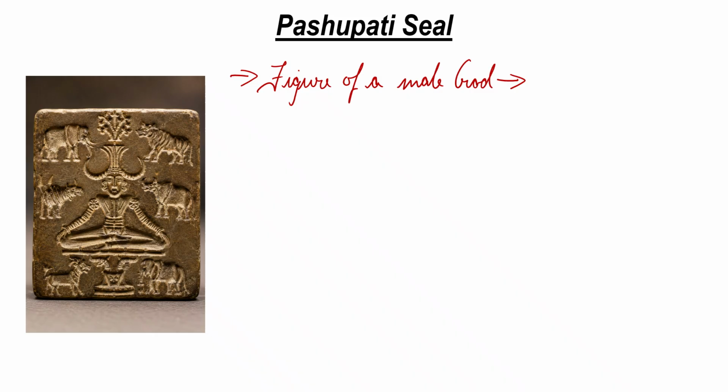This figure has been depicted as sitting in a yogic posture. So, figure of a male god in yogic posture. He is shown with three faces. So this god has three faces and is surrounded with four animals.